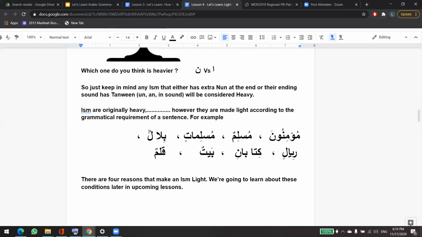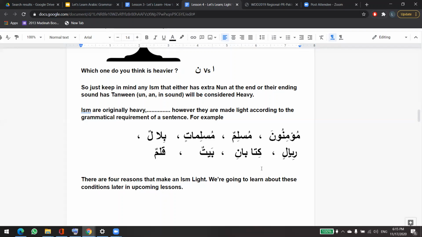Bilalun, two dhamma, again tanween. Riyalin, two kasra, tanween. Kitabani has extra noon sound. Baitun, again tanween. Qalamun, again tanween, two dhamma in both these ism. So these are all heavy ism.